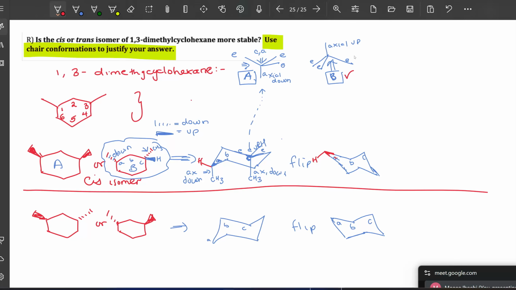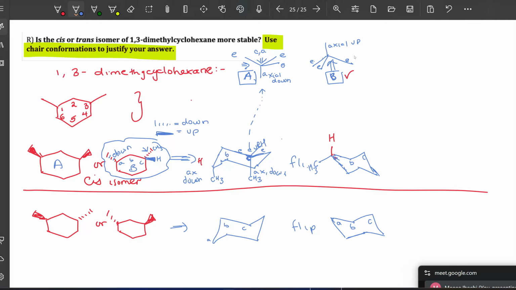Yes. Okay, so let me change that. You don't want to switch the hydrogen. If the hydrogen is going equatorial up, it's gonna be axial up in the flip. So it's going to go axial up. Now what happens to our methyl group? Equatorial down. Why? We are looking at case B, which has 3 equatorials and 1 axial.